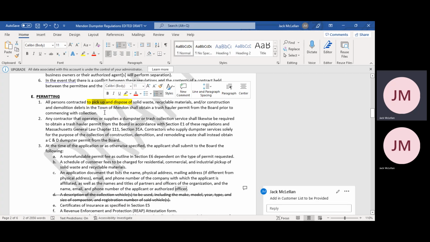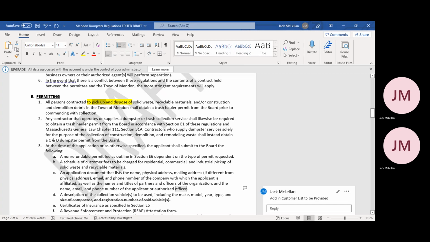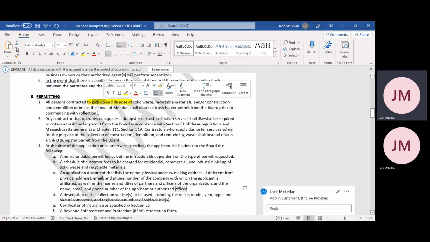How about transport, to incorporate transport as part of that? All persons contracted to pick up, transport, and dispose of. You're right, because what do we call the guy that comes and does your trash pickup? Technically you could say the resident is the collector. They're the ones collecting all this stuff.